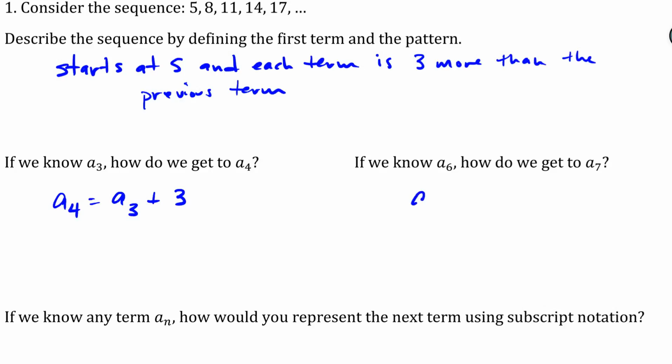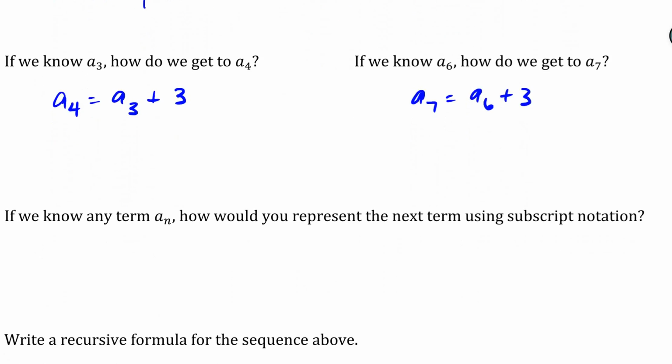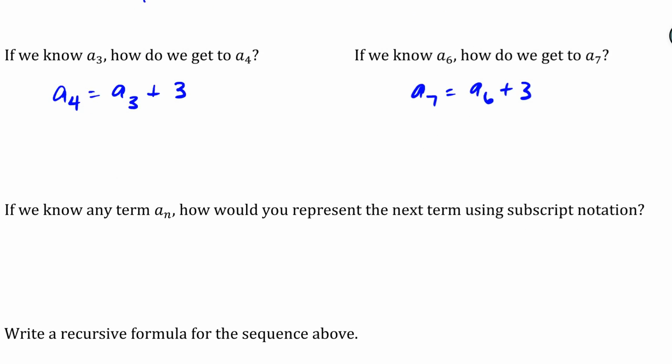If I wanted to find a sub 7, I could say a sub 6 plus 3. So now we can represent this sequence as a recursive sequence by using n instead of the numbers 4 or 6 or 7 or 3. So if we know any term is a sub n, we can use that to represent the next term, the previous term, etc.